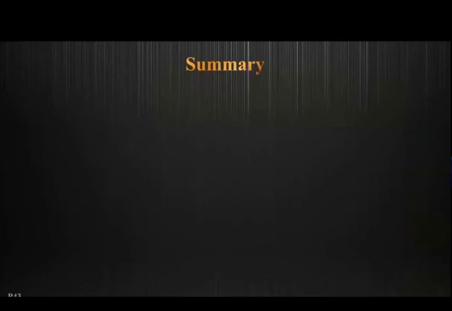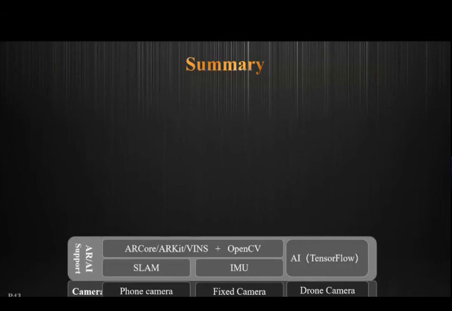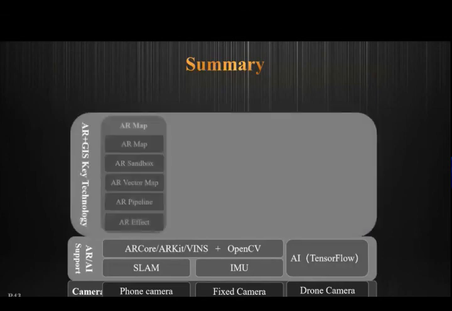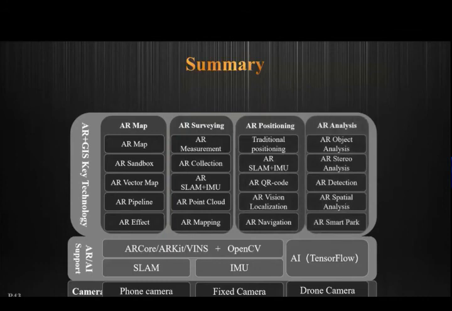So that's a detailed explanation of the 4 key technologies of AR and GIS. Here is a summary. For the camera, we are not only supporting the phone camera. We can also apply this technology with fixed cameras or drone cameras, and we have the supporting AR technology, and the applications of each key technology, what we can do with these key technologies.